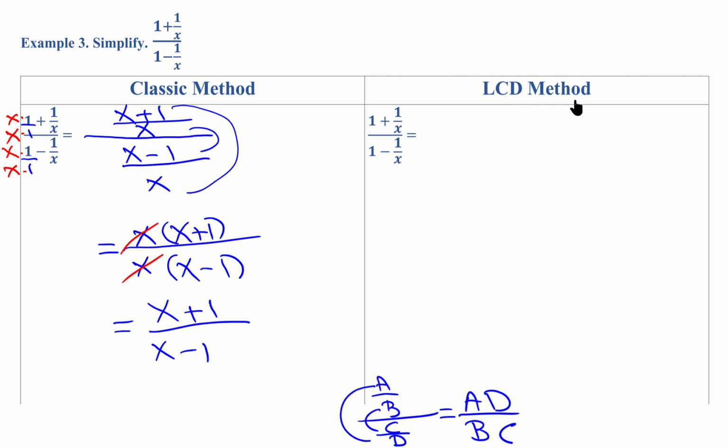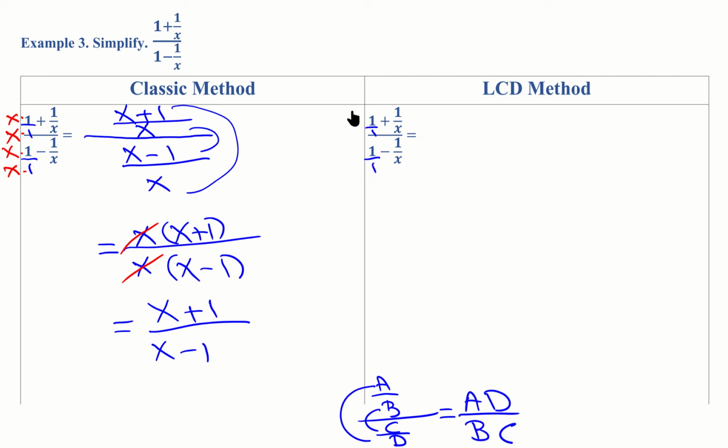We call it the LCD method, because we're going to view each of these terms as fractions, and we're going to find the LCD of all, notice, 1, 2, 3, 4 terms. Those are simple fractions with a denominator of 1, but nevertheless, we can find an LCD. It's just going to be x.